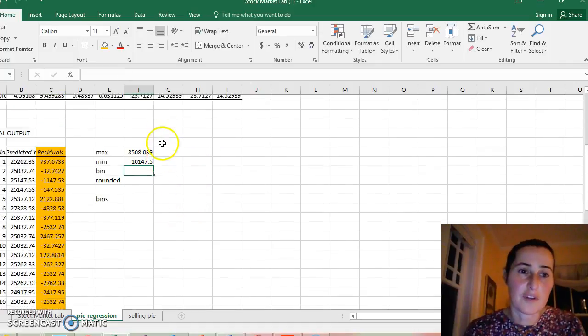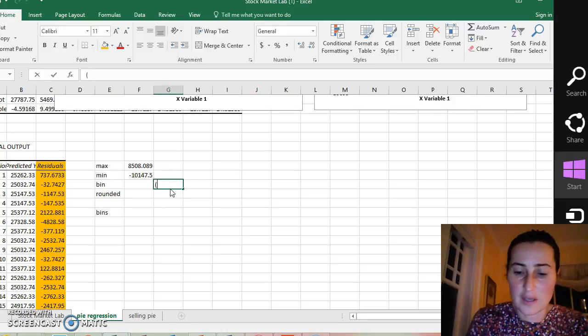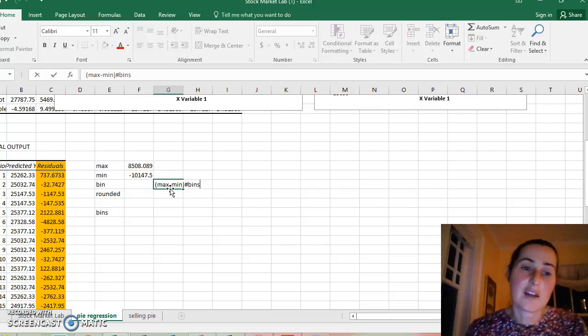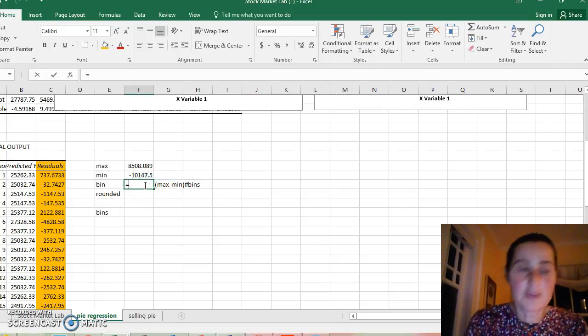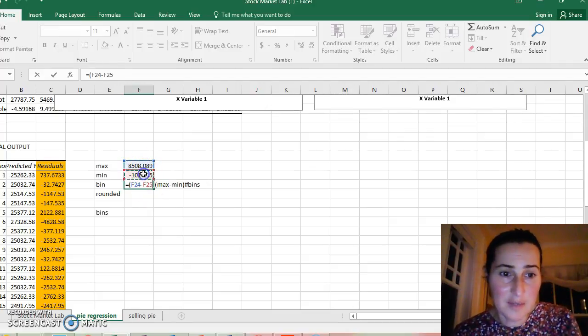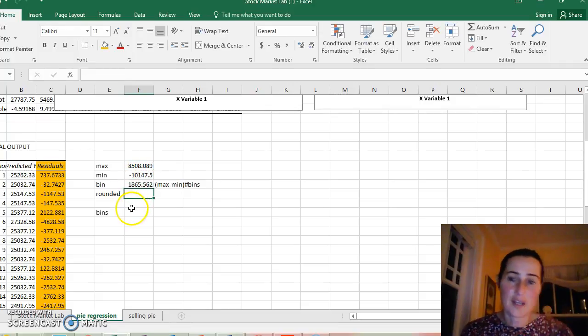And then your bin range is always going to be the max minus the min divided by your number of bins. Now, if I don't tell you specifically, we just always say it's about 10, all right? So I reference my max minus my min, and I'm going to divide by 10. That gives me a pretty funky number.